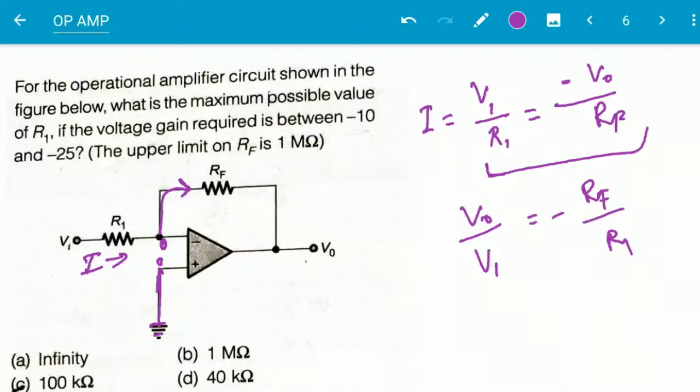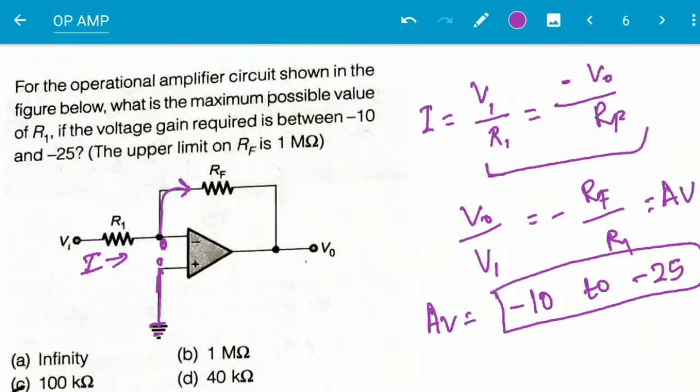This is the formula for the inverting amplifier that we memorize, minus Rf by R1, which is equal to the voltage gain. For the maximum possible R1, the voltage gain range is given to be minus 10 to minus 25.